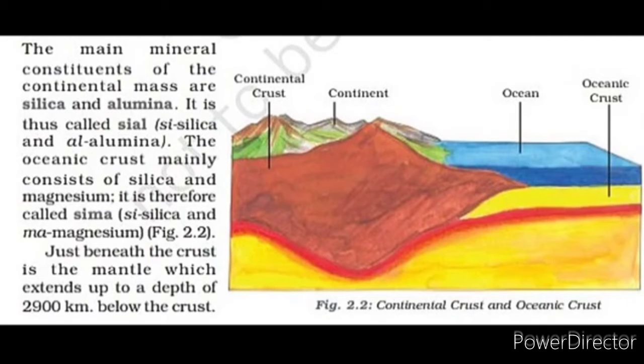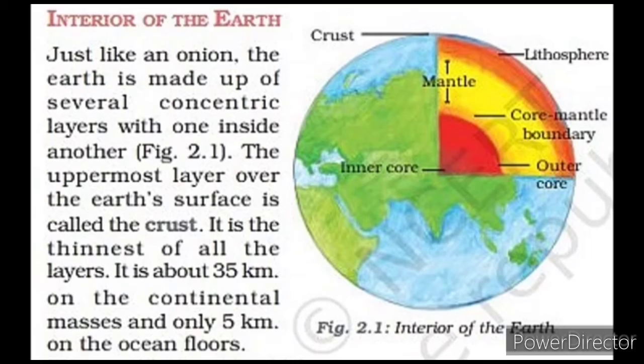The crust that forms at the ocean is predominantly silica and magnesium, that is Sima, and the one that forms the continents is silica and aluminium, that is Sial. At the continent, you have much higher thickness, which is around 35 kilometers, in contrast to the ocean, which is 5 kilometers deep.